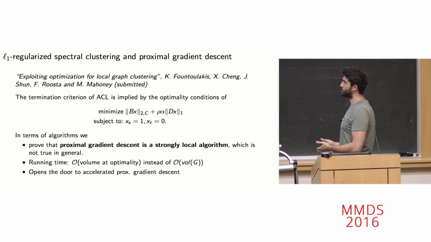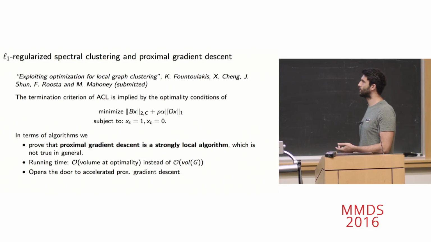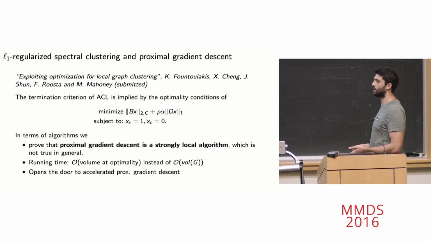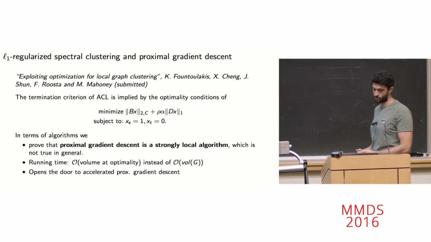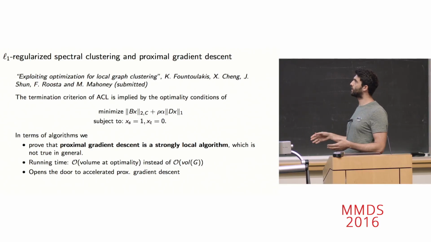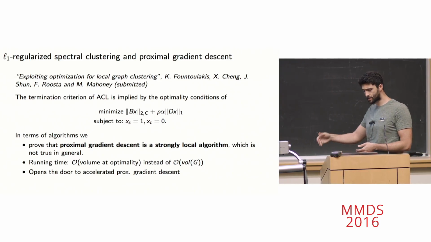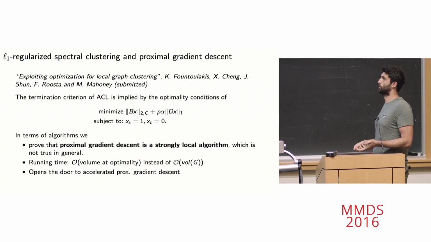Now, having this optimization problem, we can ask the question: people from the optimization community have been working for years on proximal gradient descent algorithms and accelerated versions of those, so let's try one of these. So we tried it, and although we tried a full proximal gradient descent method, that means that in general you touch every node, actually the running time of the algorithm was strongly local.